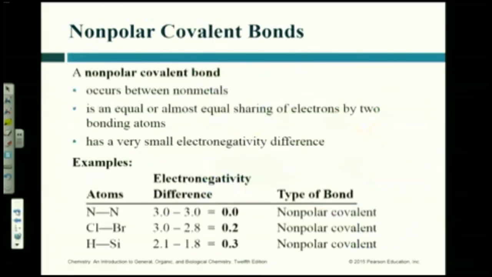So, nonpolar covalent bonds occur when there is little difference in electronegativity. Here are 3 examples: nitrogen-nitrogen, chlorine-bromine, hydrogen-silicon. When we take the electronegativity values from that chart and subtract them, if the difference is small, then the bond is nonpolar. It means the electrons are shared equally.